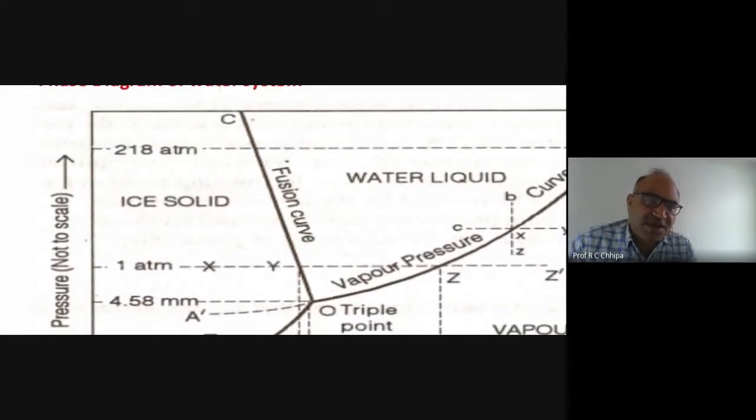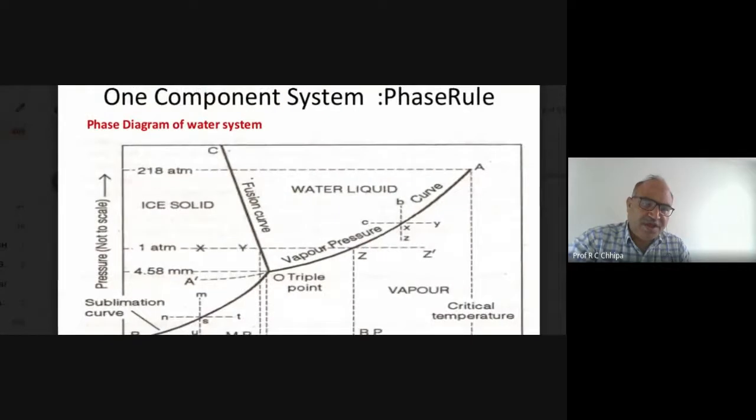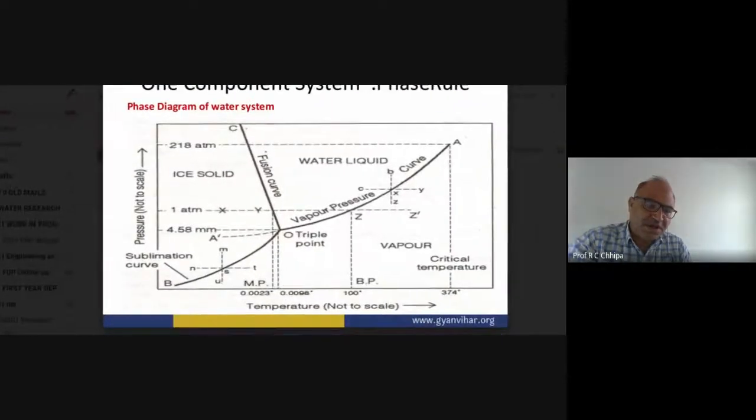So the ice itself is formed within the boundary of CO and B. That boundary specifies the solid state of water, and COA is the liquid state of water, whether the surface water, the groundwater, or the rainwater.